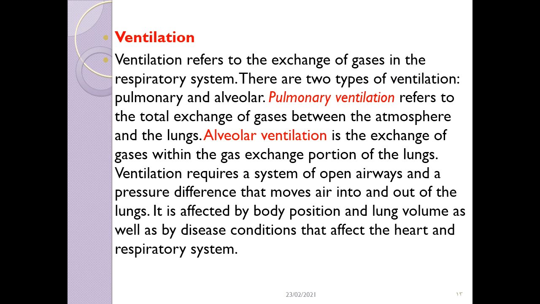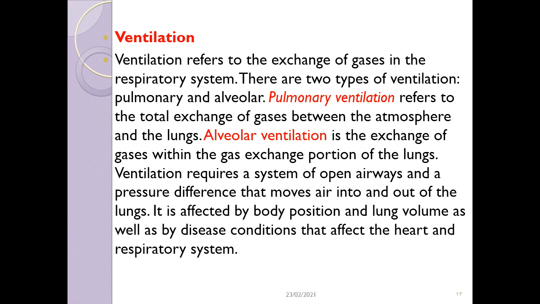Ventilation requires a system of open airways and a pressure difference so that air will move into and out of the lung. For ventilation to be successful, we require open airways so that the gas will move freely, and we need a pressure difference, because if there is no pressure difference, the gas will not pass in and out of the lung.